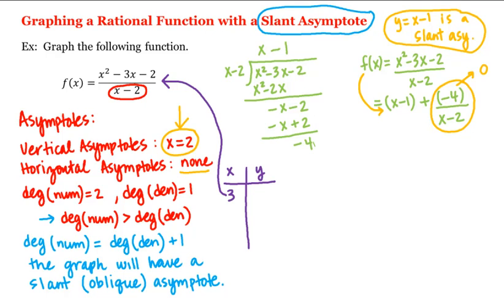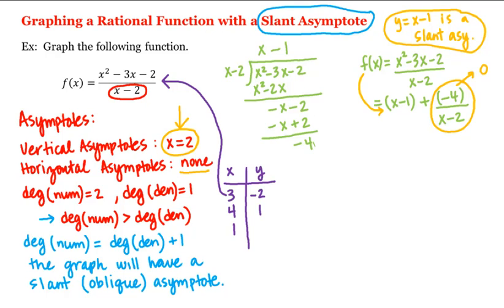So the ratio will be negative 2. When x is equal to 4, we get 4 squared, which is 16, minus 3 times 4, which is 12. And 16 minus 12 is equal to 4. And then minus 2 is 2. So the numerator is 2. But so is the denominator, isn't it? We'll have 4 minus 2. So the ratio will be 1.